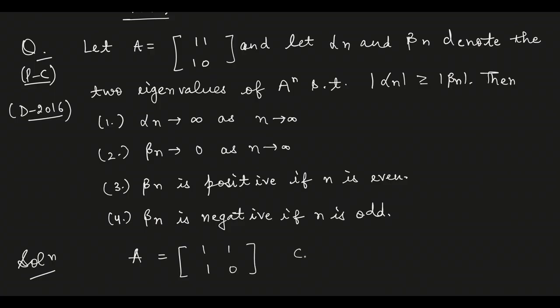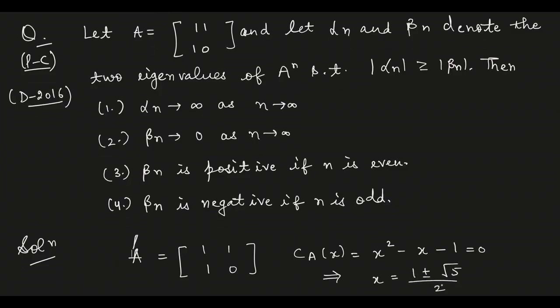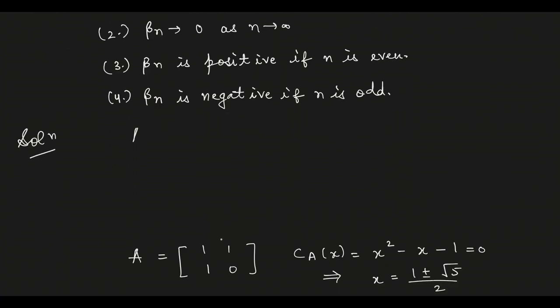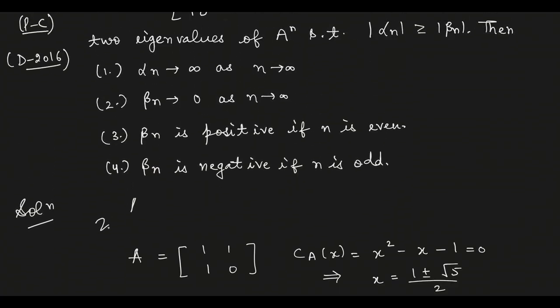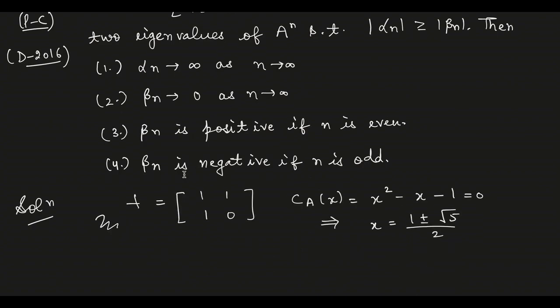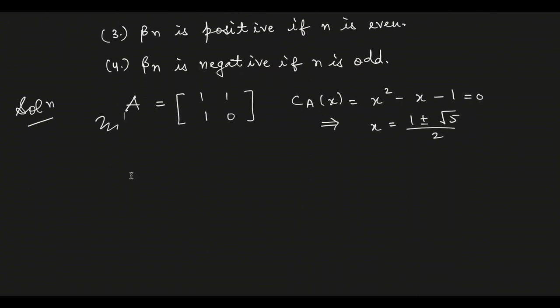The characteristic polynomial will be x square minus trace x plus determinant, so x square minus x minus 1 equal to 0. So eigenvalues will be (1 plus minus root 5)/2.